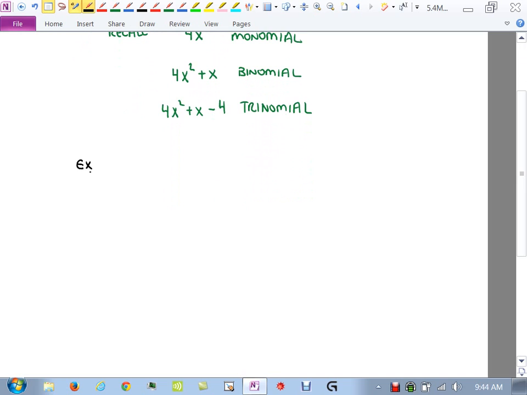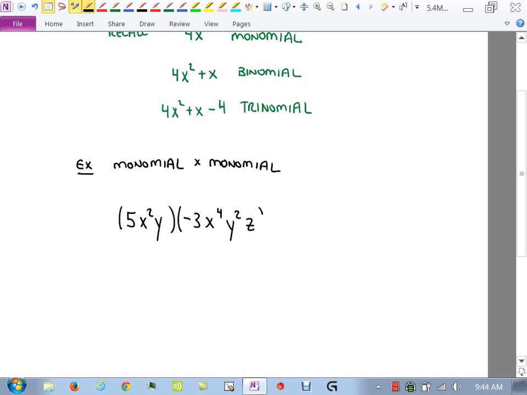It's an example of multiplying a monomial times a monomial again. That means a single term times a single term. So what about 5x squared y, and then parentheses, negative 3x to the fourth y squared z.